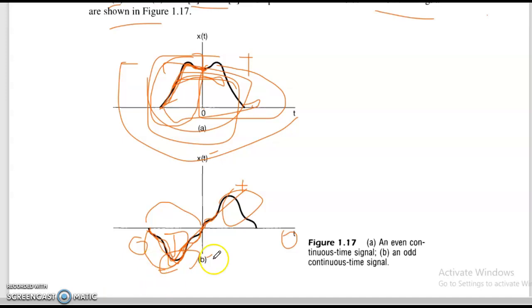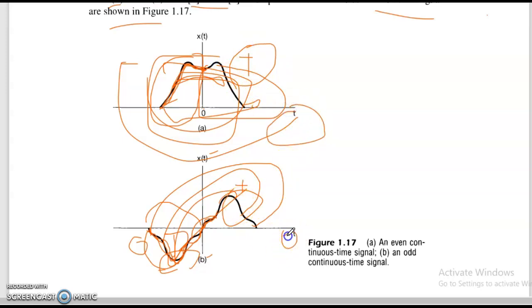So this one here is positive, this one here is positive, this one is positive. This one also positive, this one also positive.